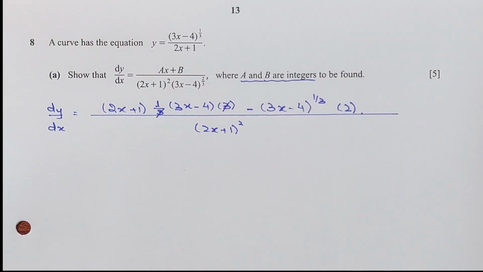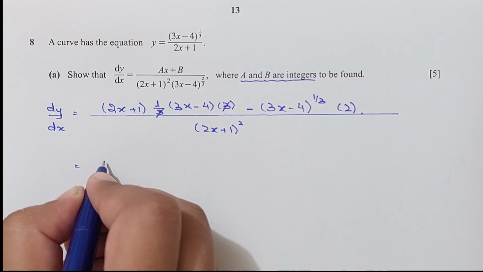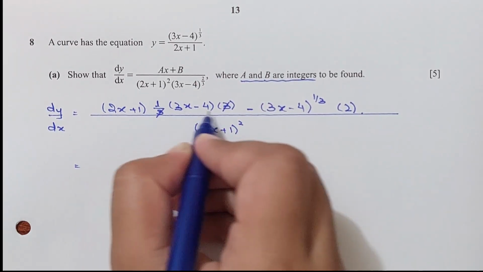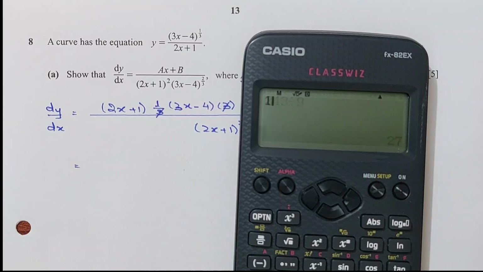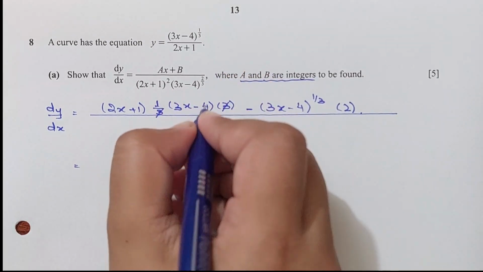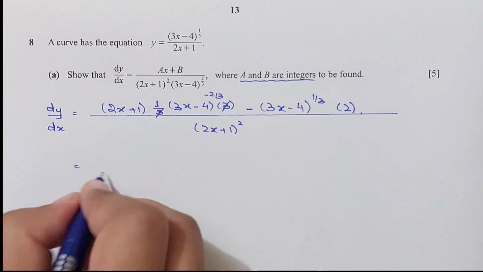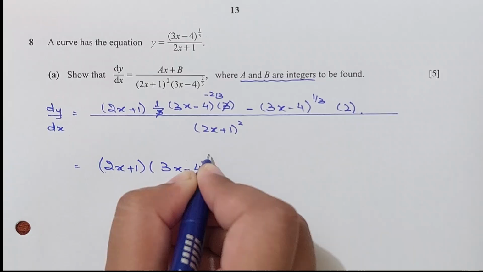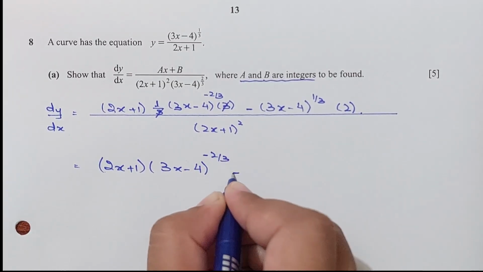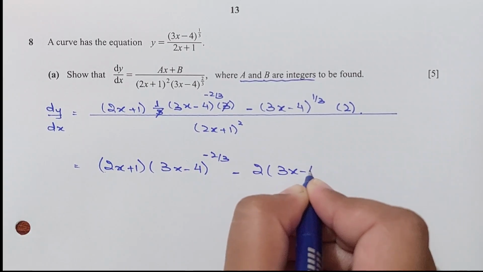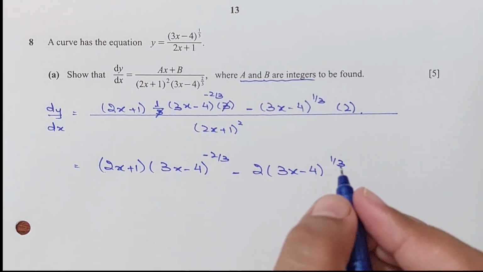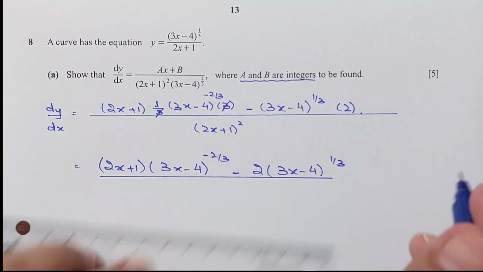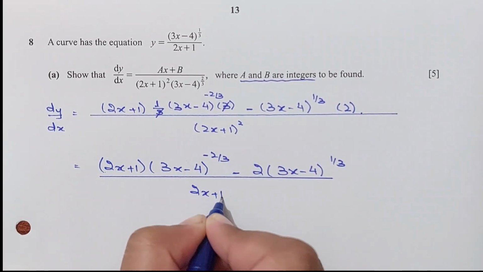Right. So here 3 is cancelled with this 3. So we are left with, sorry, it's the power rule, power the base function and power minus 1. So 1 by 3 minus 1 is minus 2 by 3. 2x plus 1, 3x minus 4, its power is minus 2 by 3, and minus 2 into 3x minus 4, its power is 1 by 3, and this whole thing is divided by 2x plus 1 whole square.